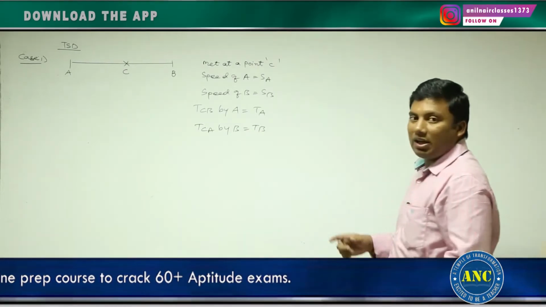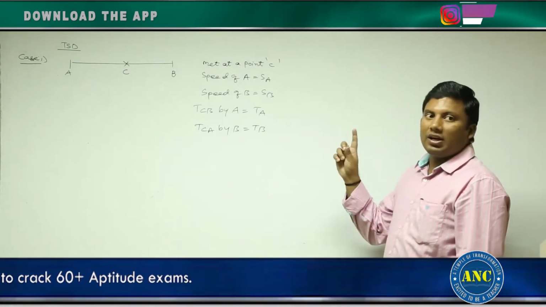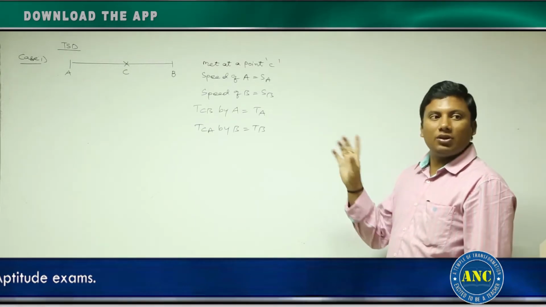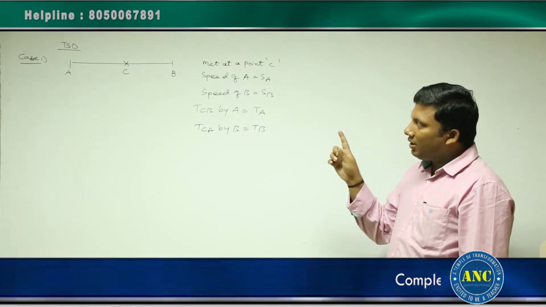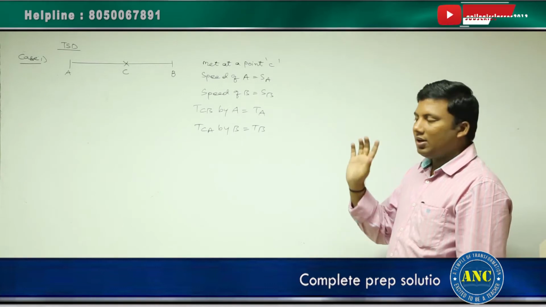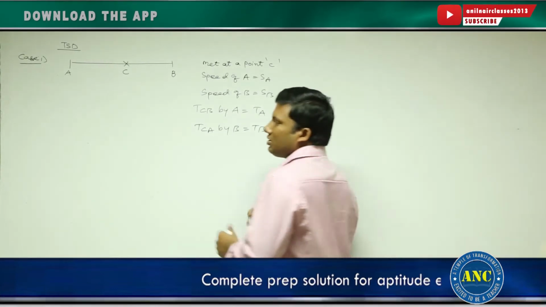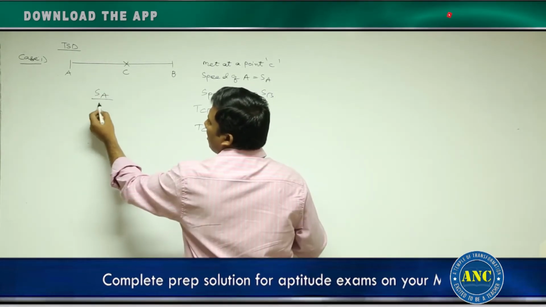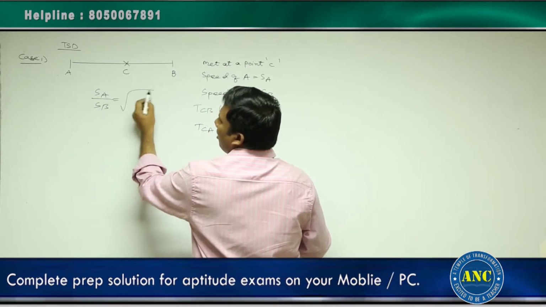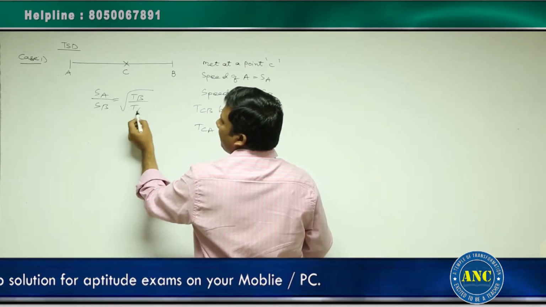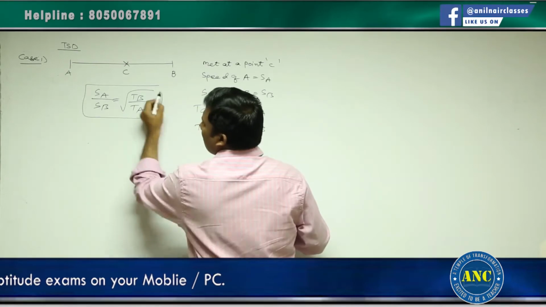TA is not the time taken from A to B, but the time taken from the meeting point to B. TB is the time taken from C to A. Then the relationship is given by SA by SB equivalent to root of TB by TA. Please put a star mark on this.